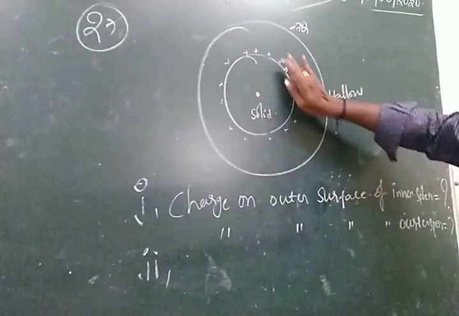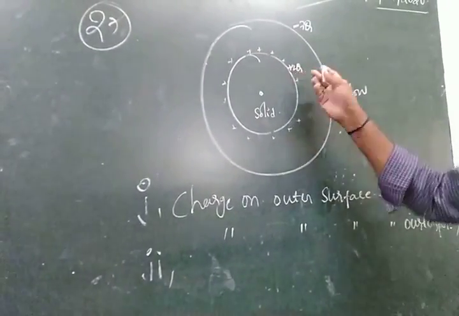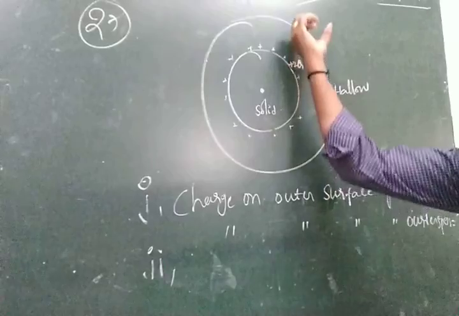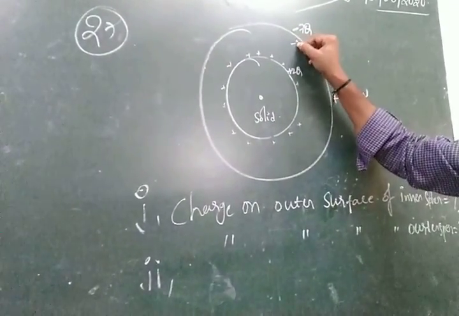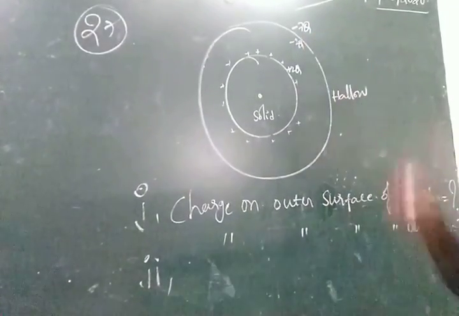The inner sphere is solid with charge plus 2q. This sphere will attract negative charge on the inside of the outer sphere, that is minus 2q.